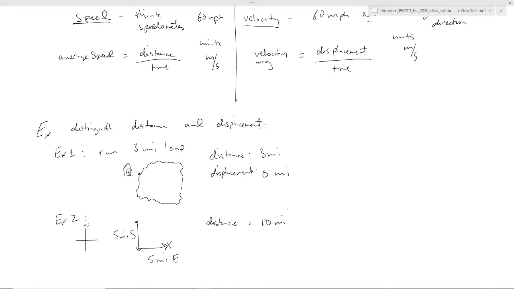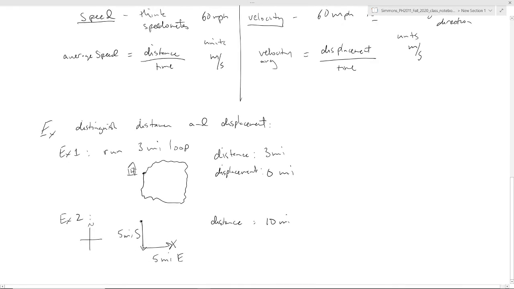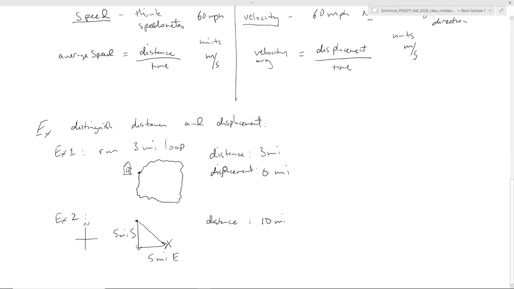But what about the displacement? Well, the displacement we can find by drawing an arrow from the starting position, if I can draw a straight arrow here, from the starting position to the ending point.